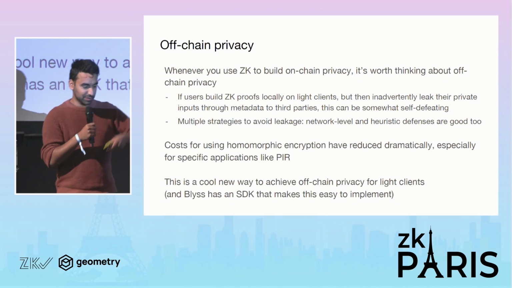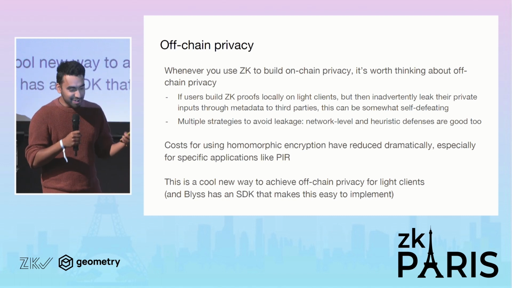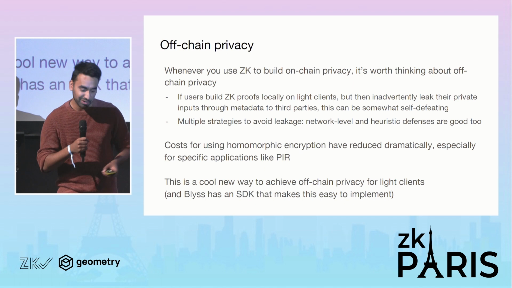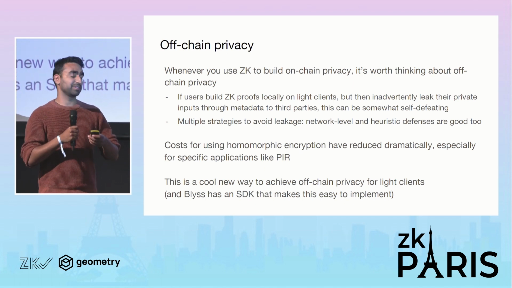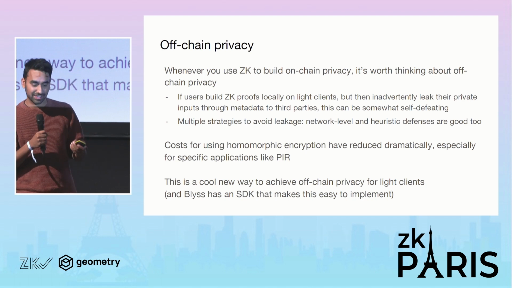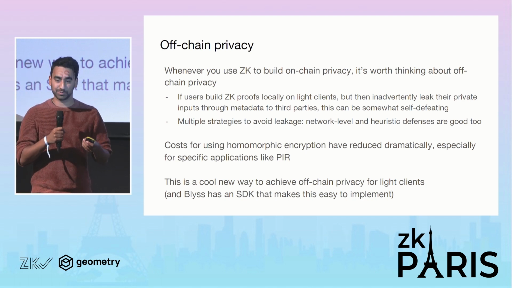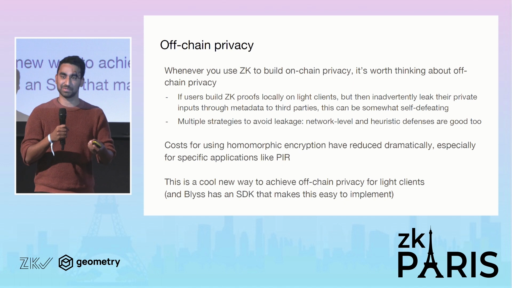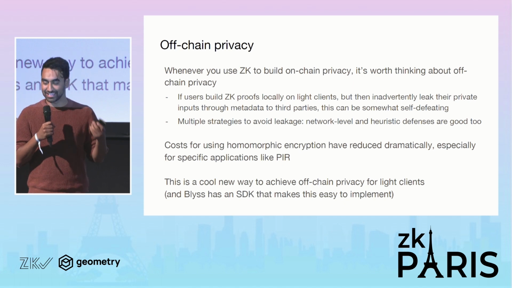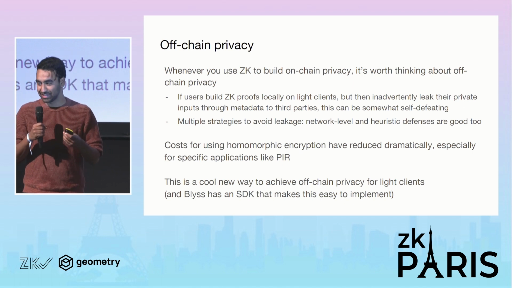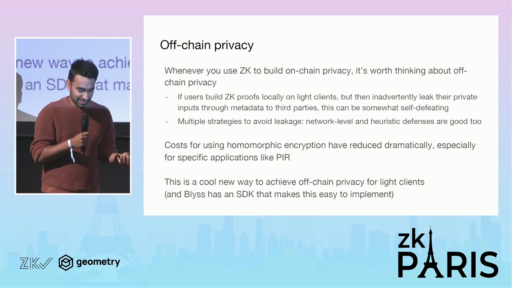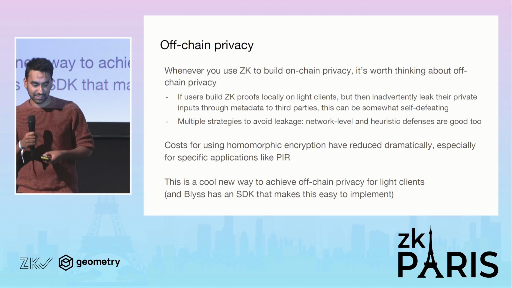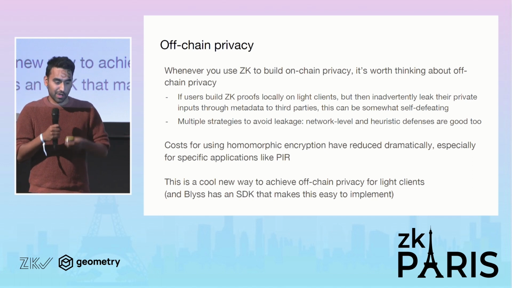But it leads to a broader point: if you're using ZK to put all this stuff on chain and make it private, but every way that everyone accesses that data is not private, you might defeat your purposes. A little maxim I think about is, whenever you're building on-chain privacy and you have people using light clients, the question becomes, does the RPC node provider just see everything?